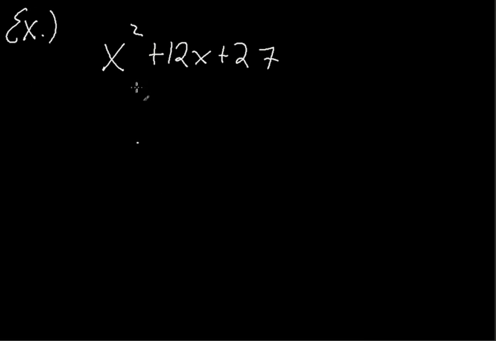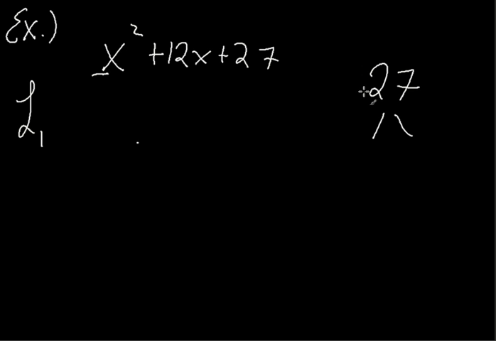Looking at the next example, we have x squared plus 12x plus 27. Is this a leading coefficient of 1 problem? Yep. We need to find the factors of 27 which add to 12. What are the factors of 27? 1 and 27, 2 is not a factor since it's not even, 3 and 9.